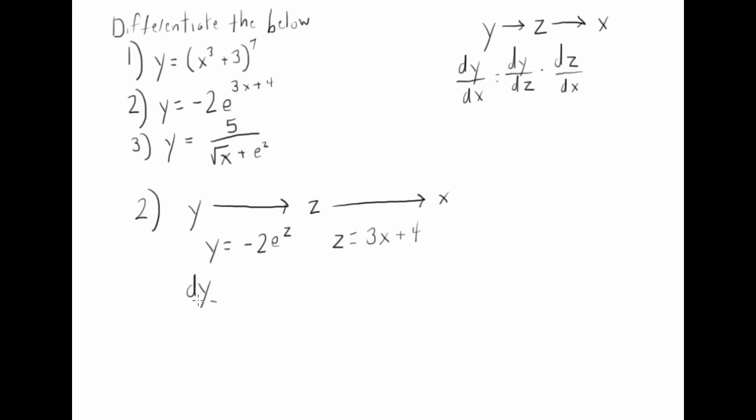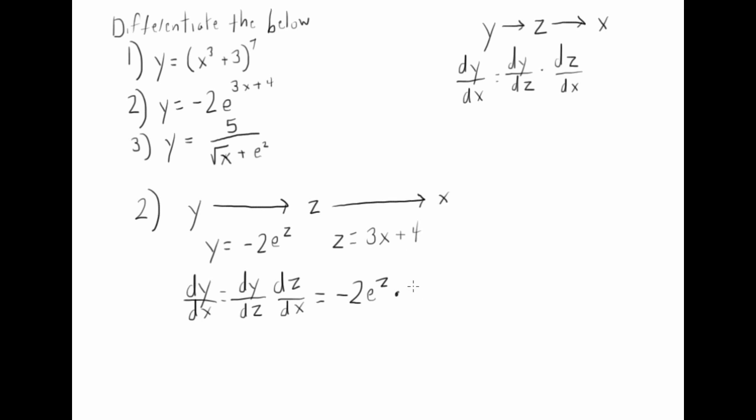So dy/dx is dy/dz dz/dx. Or in other words, we take the derivatives of these two functions and multiply them together. The derivative of negative 2e to the z is negative 2e to the z times the derivative of 3x plus 4.